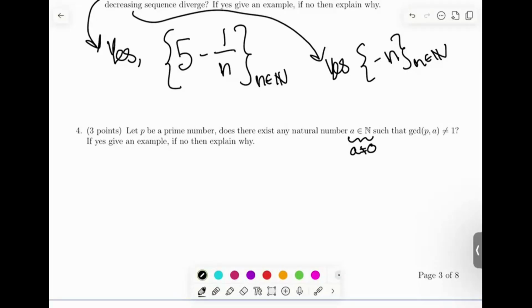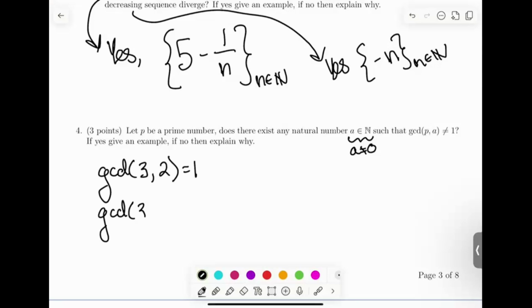Remember in general, let's think about GCD of 3. If I do 3 and 2 or anything like that, with 1 it's going to be 1, and if I did 7, that'd be 1.